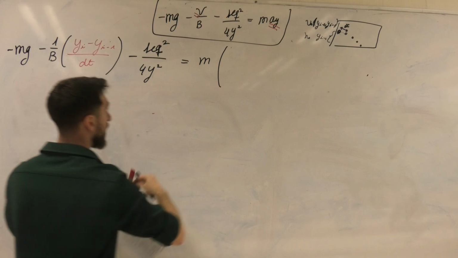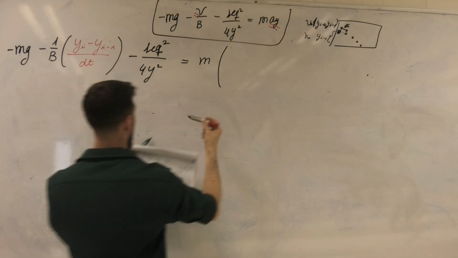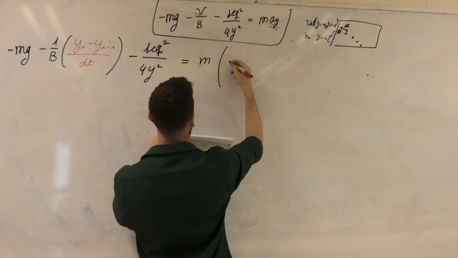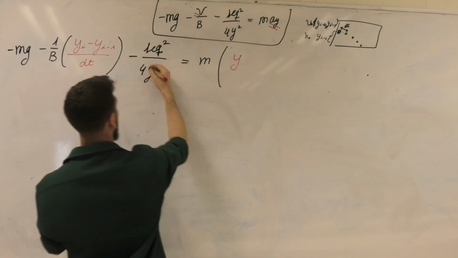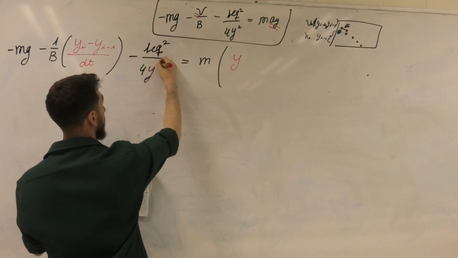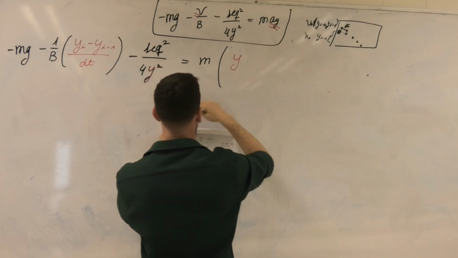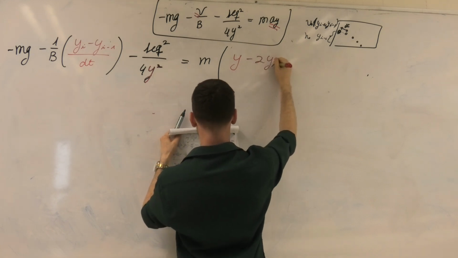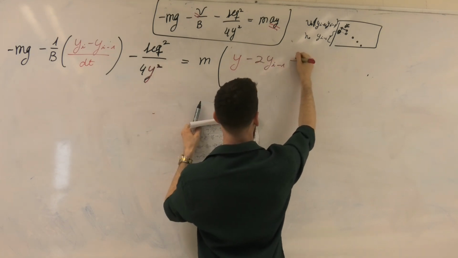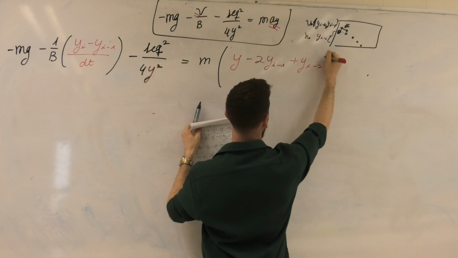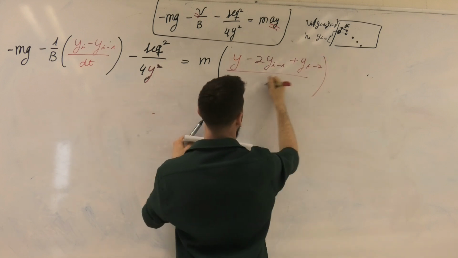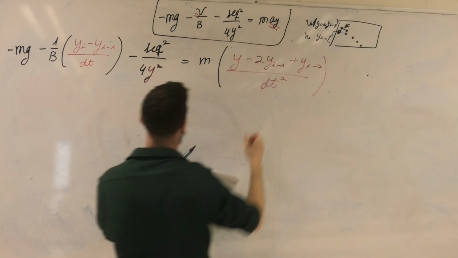m multiplied by the acceleration term, which has the y that we want. That's right. Here y squared, don't forget it. y minus 2y at the previous step plus y two steps before, over dt squared.